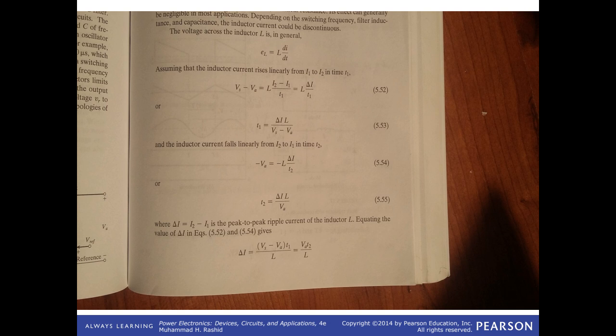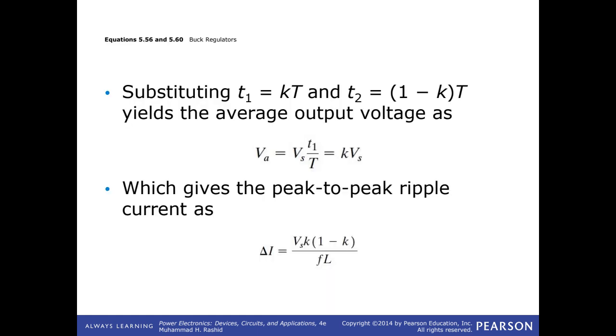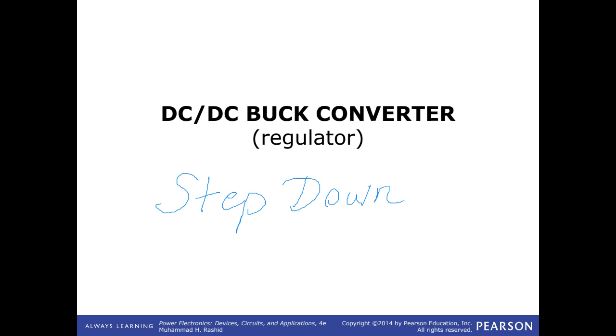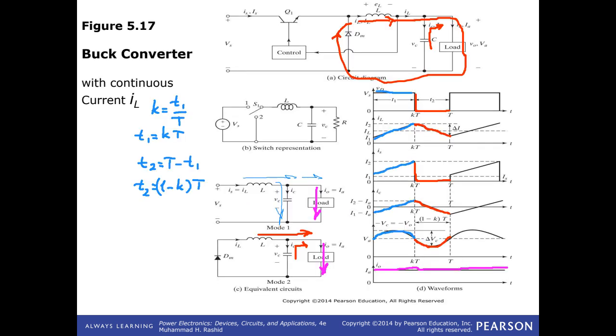But in the second part, which I draw with red, the current falls from I2 to I1 in time T2.